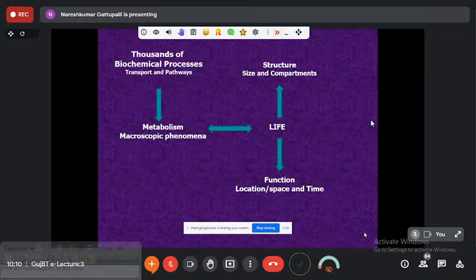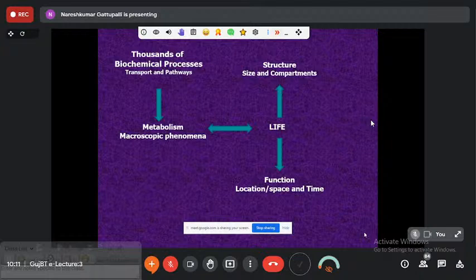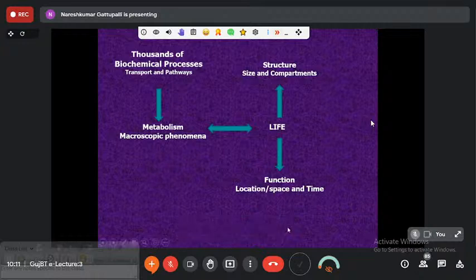And this metabolism comes in two components. One is the structural aspect, that is, whatever the molecules and where these things are operating. That depends upon the size and how many compartments are there. We'll talk about that in a little more detail. And then there is a dynamism, a function.